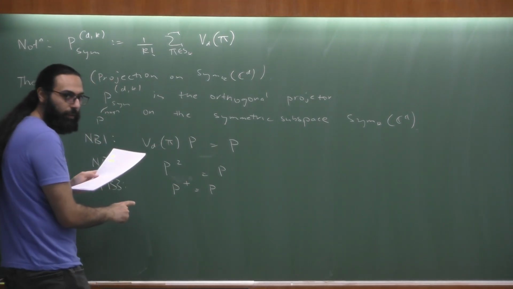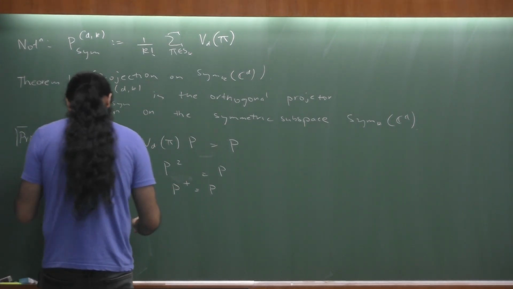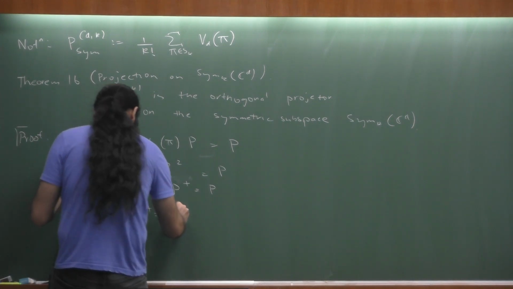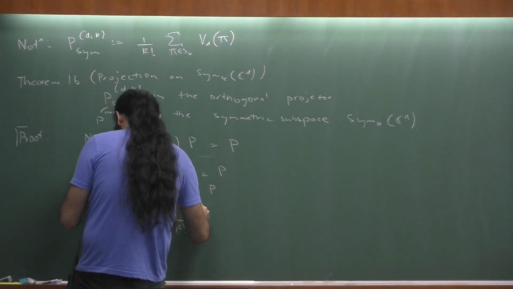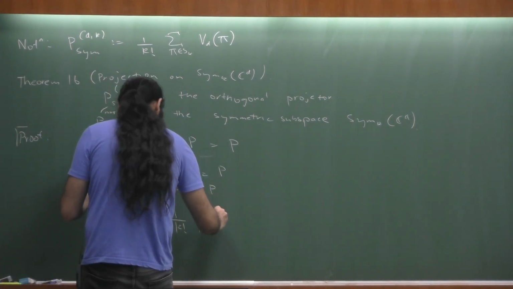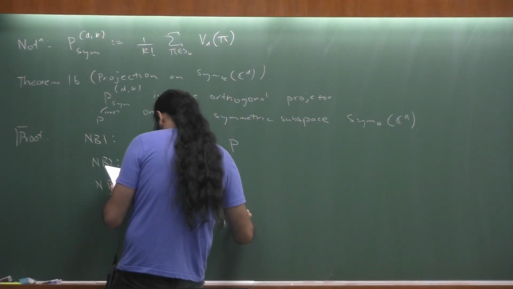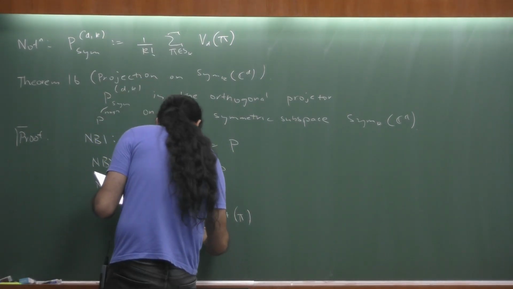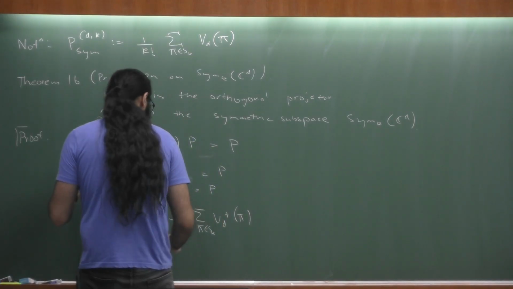Why is this self-adjoint? Let's work it out. P dagger would be 1 by k factorial, sum over pi of V_d dagger of pi. This is a sum over all permutations.